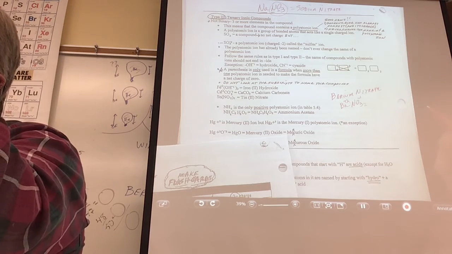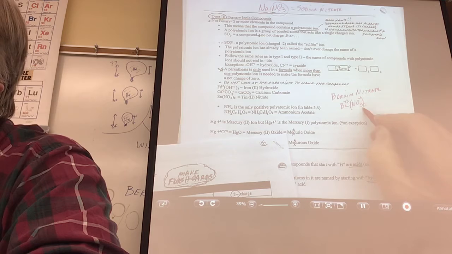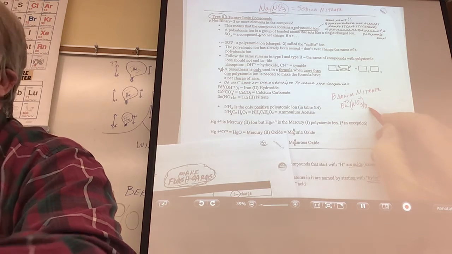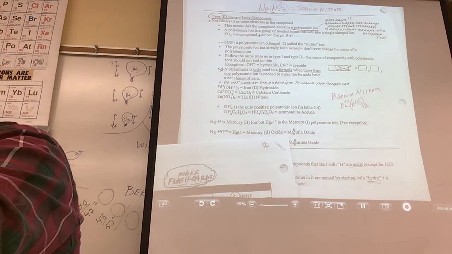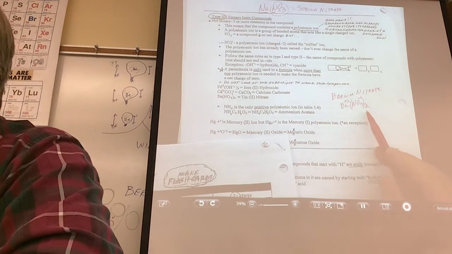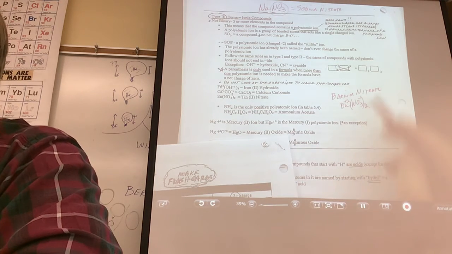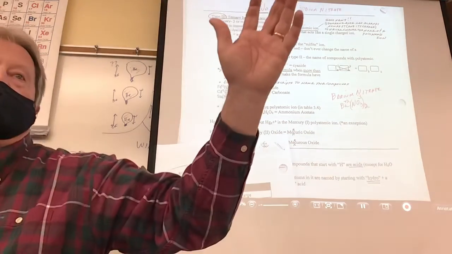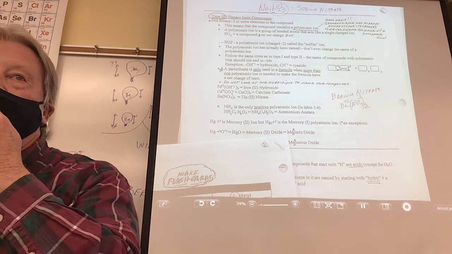So how do I make 2 nitrates? Watch. Boom. See how I put the nitrate in parentheses? I want 2 of them. But each nitrate's -1. Give me 2 of them, and that'll be -2, plus 2. I did it. I wrote the formula for barium nitrate.